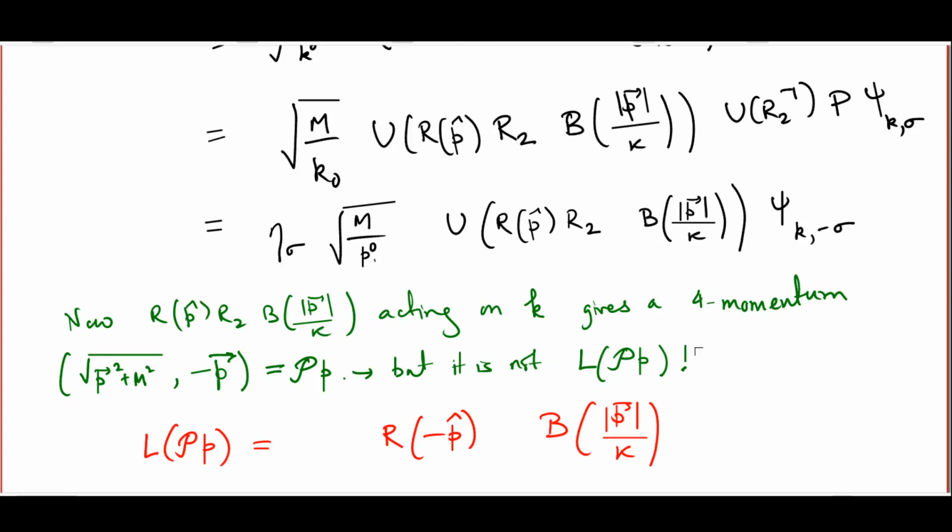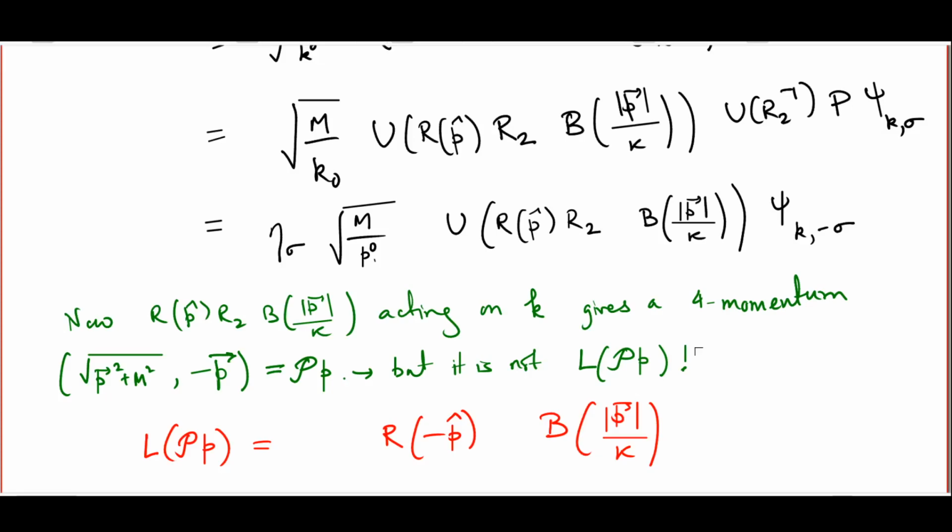This is the same as the one in L of p, but then the rotation that you have to carry out must carry the z-axis into minus p hat and not plus p hat. And once again, we have to be careful about exactly what this rotation is. Remember, we need to first figure out the polar and azimuthal angles which describe our final destination and use that to figure out the corresponding u of r of minus p hat.